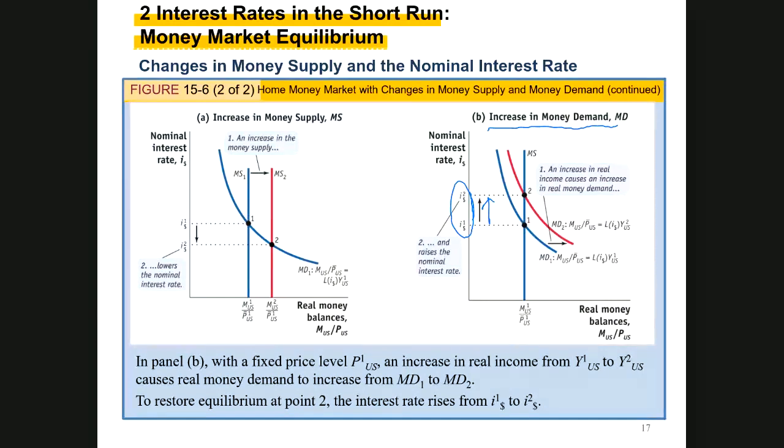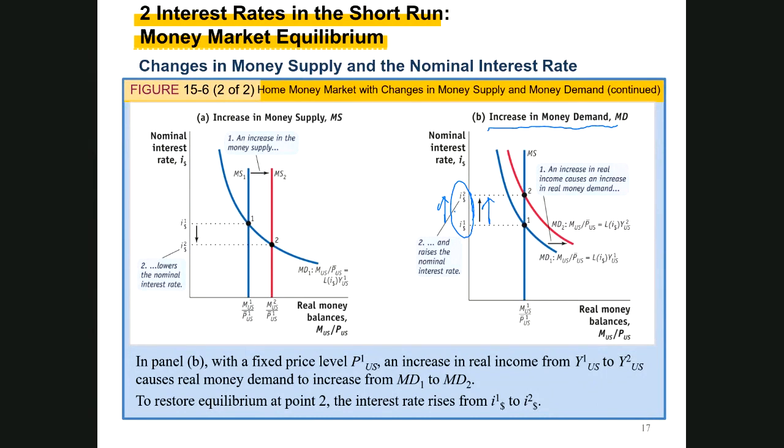If people want to hold more money in their pocket, they try to withdraw a lot of money from the banks. The banks try to counter it. They will try to raise the interest rate to attract people not to withdraw the money. So that will drive up the equilibrium interest rate.